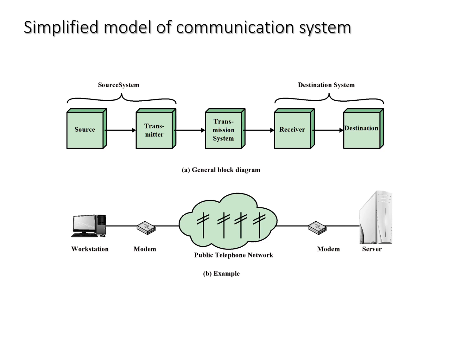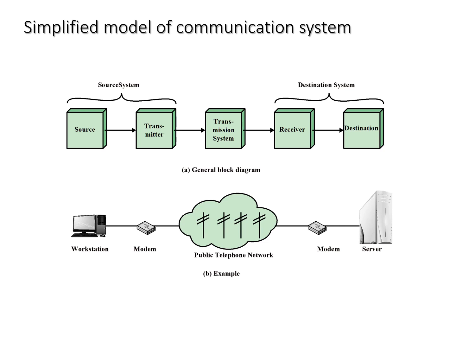A transmitter transforms and encodes the information in such a way as to produce electromagnetic signals that can be transmitted across some sort of transmission system, just like how a modem takes a digital bit stream from an attached device, such as a computer, and transforms that bit stream into an analog signal that can be handled by a telephone network. The transmission system is a network connecting source and destination.